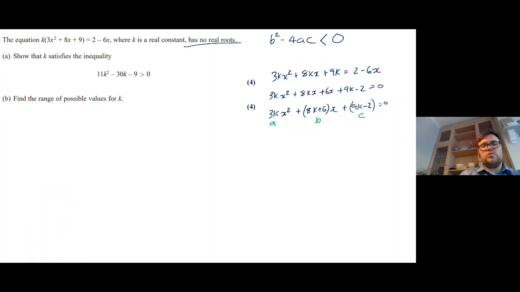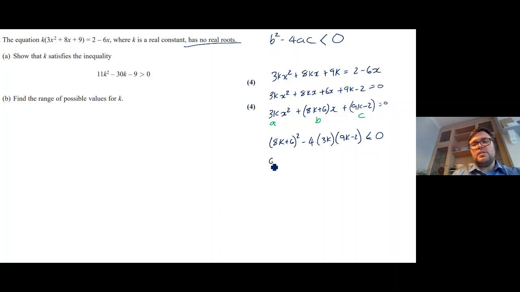When we come to use the discriminant, we have b squared, so that's going to be (8k plus 6) all squared, minus 4 times 3k times (9k minus 2), and yes, I'm putting it as less than 0 because it hasn't got any real roots.